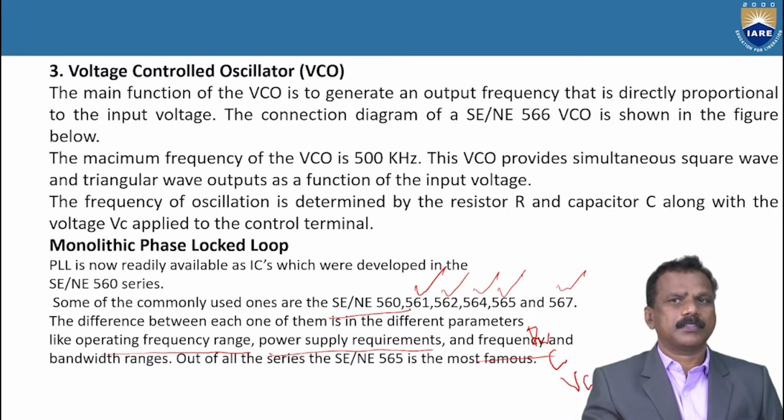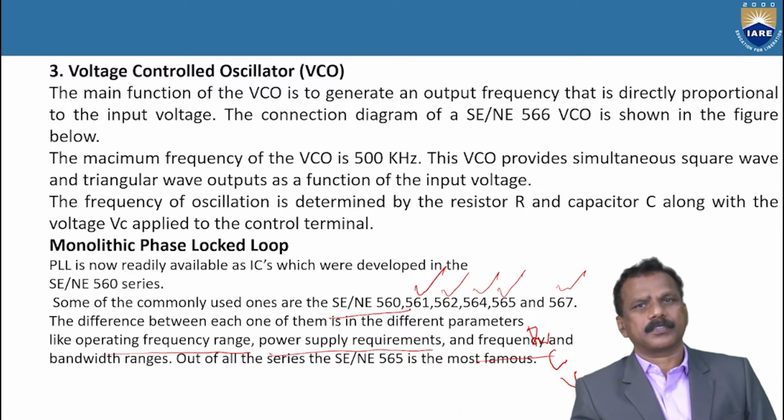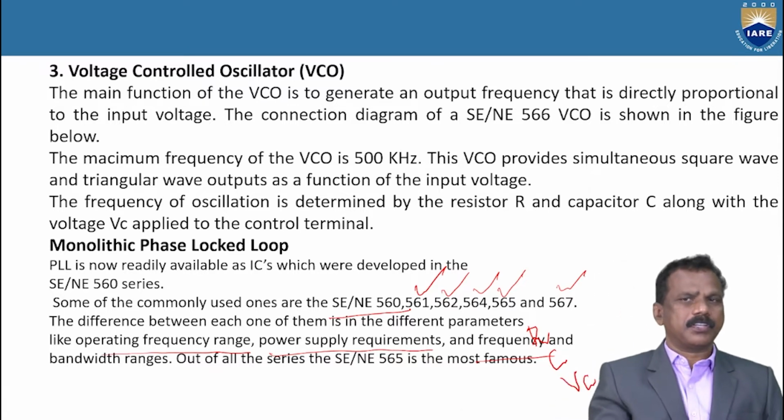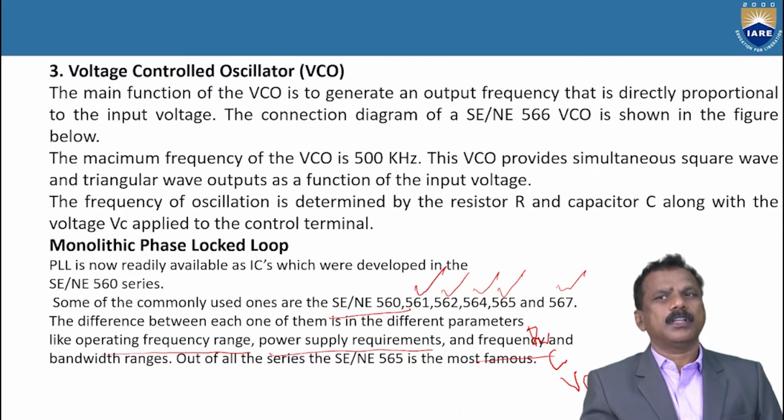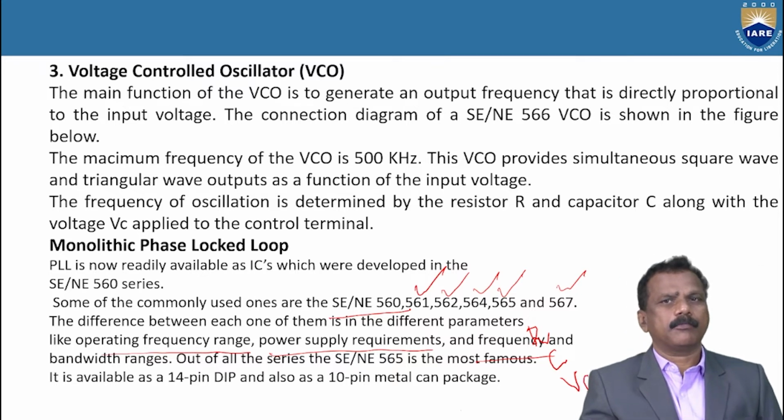Out of this series, the SE 565 is the most famous, because of its parameters like operating frequency range, power supply requirements, frequency and bandwidth ranges. It is available as a 14 pin DIP, dual in-line package, and also as a 10 pin metal can package.